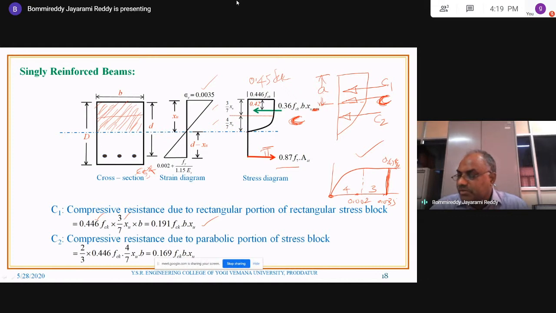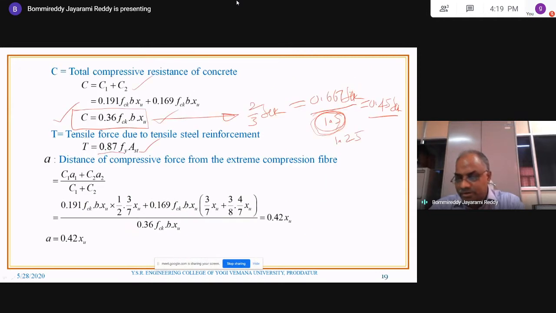Where is C1? C1 will act at half of the total depth. What is the total depth? 3 by 7 of XU. So it will be acting at half of 3 by 7. So what you do now is, A means the distance of the compressive force from the extreme compression fiber. So A equals C1 A1 plus C2 A2 by C1 plus C2. Already you know C1. And what is A1? A1 is half of 3 by 7 because it is a rectangle.